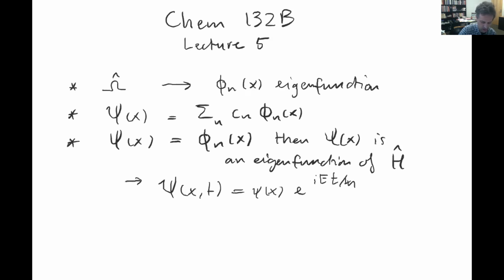This is what we saw last time. This is h bar. Okay, so exponent of minus i times E times t, where E is the eigenvalue of H, which is the energy, t is time, divided by h bar. Okay, so that's the argument of the exponent. So we have a beautiful separation of variables, so to speak. We have the spatial part and we have the temporal part. So that's what we ended on last time.